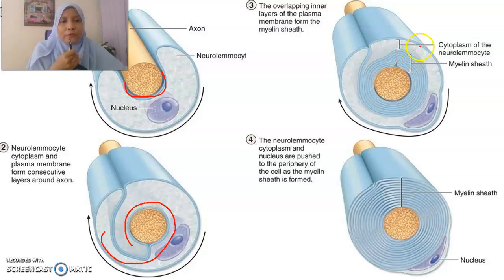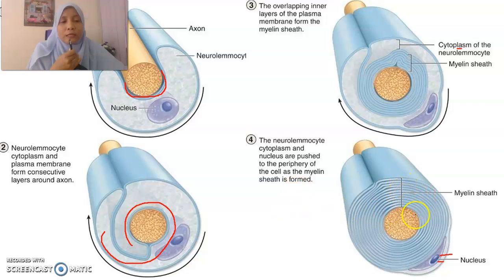The nucleus and cytoplasm of these neurolemmocytes are pushed to the periphery of the cell as the myelin sheath is formed.